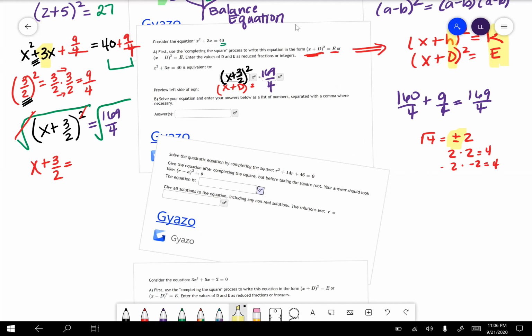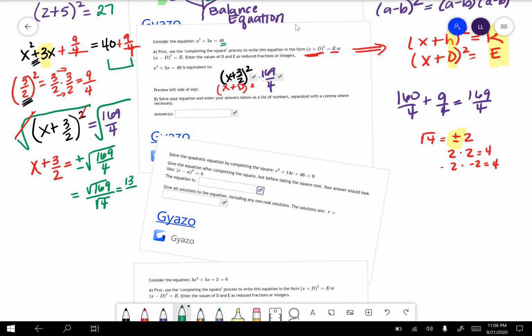So the square root of 169, all right, it's going to be plus or minus the square root of 169 over 4. All right, so let's take the square root of 169 over 4, actually. You can separate it, right? So you can say square root of 169 and square root of 4. The square root of 169 is actually 13.